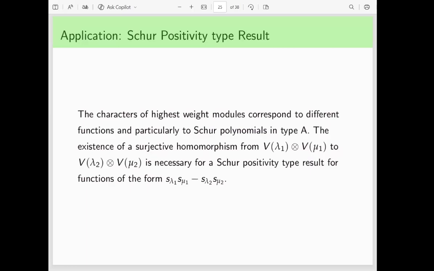This is because saying that this is Schur positive means that the second module is actually contained inside the first. That's why their difference is positive Schur polynomials themselves, which are exactly the irreducibles which occur in the first but don't occur in the second.